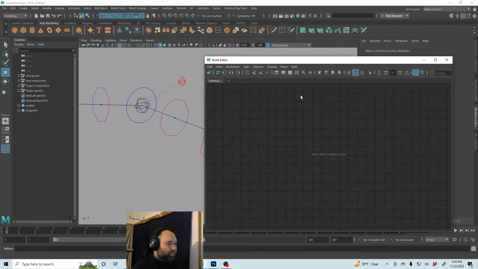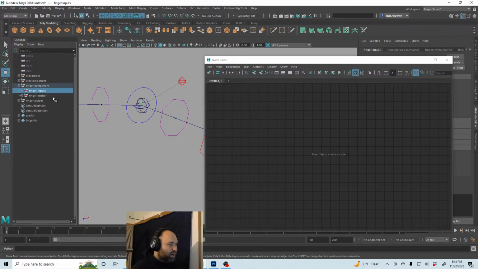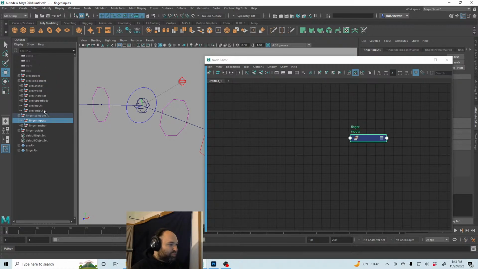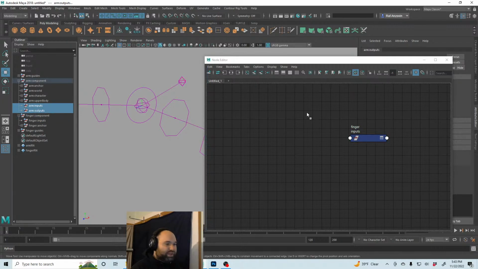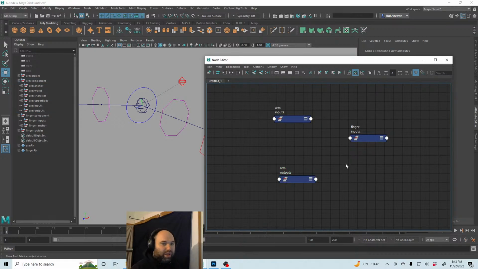Let's bring back up our node editor. We need finger inputs. And once again, I know I've said this before, but when doing this in practice, I don't usually connect it all by hand. I have little bits of code that do it because it's a lot faster.